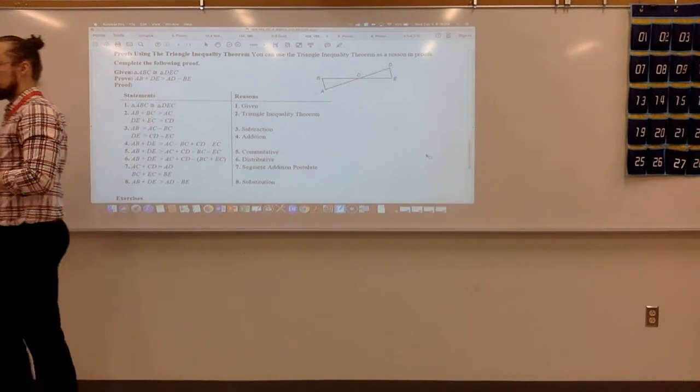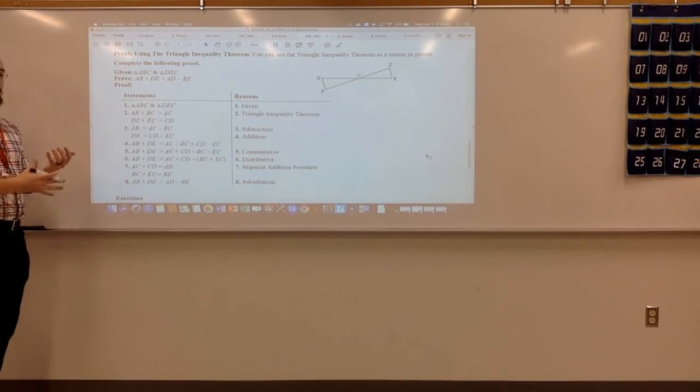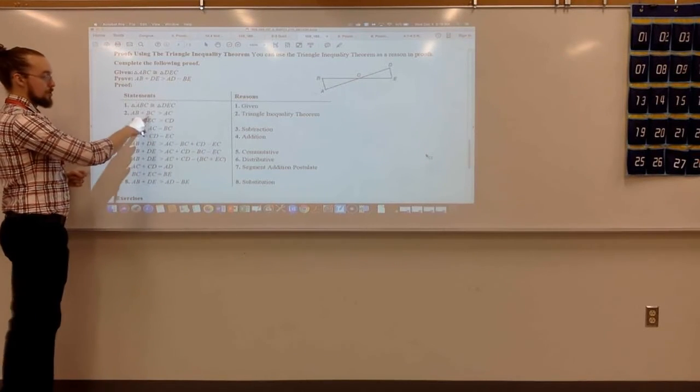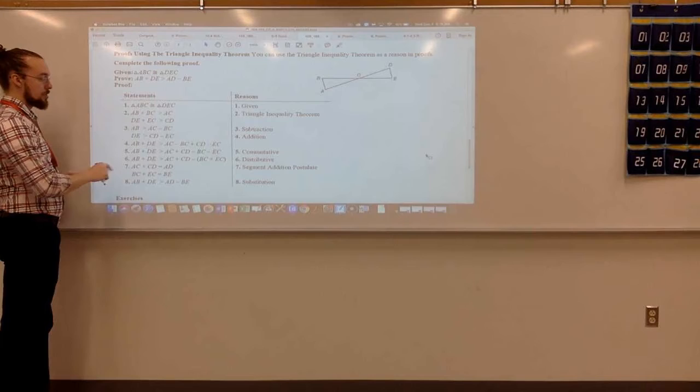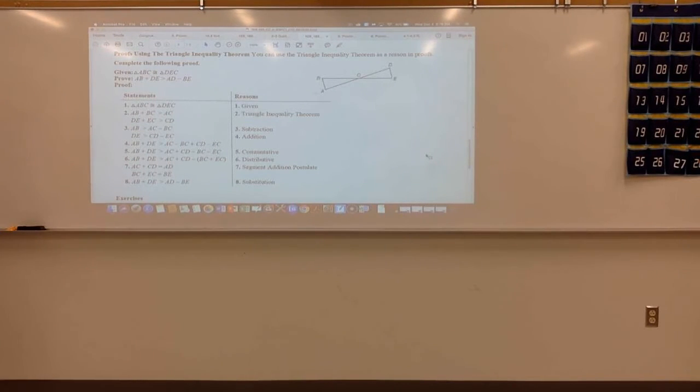I can use subtraction then, okay? For an inequality, we can subtract things and add things to both sides. So what they did was subtract BC over to this side, and then subtract EC over to this side.